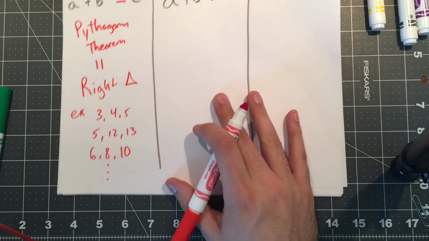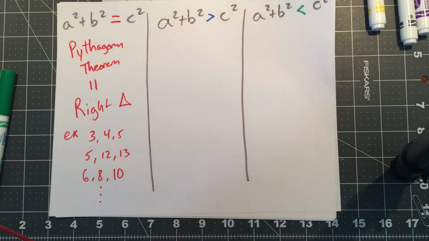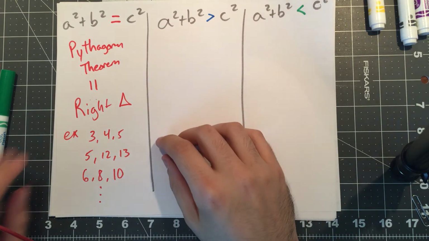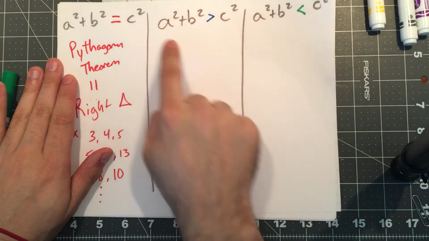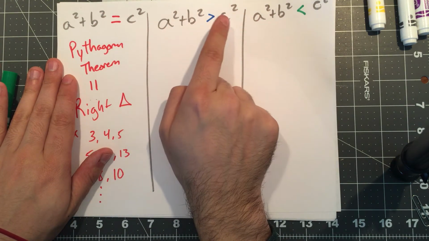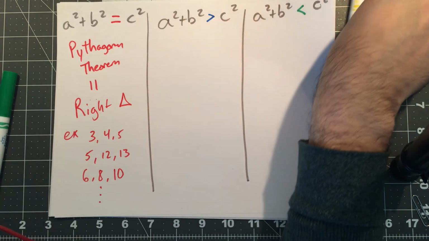So anything the Pythagorean theorem works with, we can know that's a right triangle. It's like our test to see whether it is or not. And all of these, you're plugging in for numbers. So let's talk about this case, when a squared plus b squared is greater than c squared.